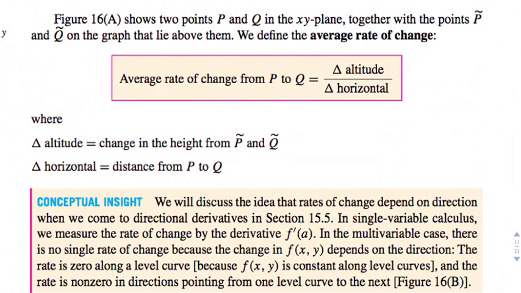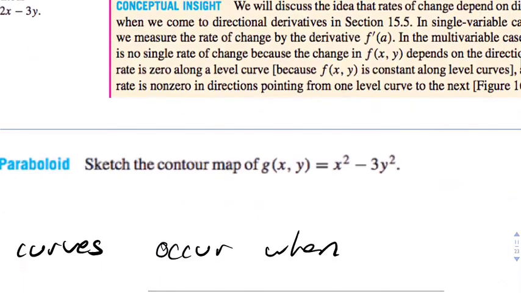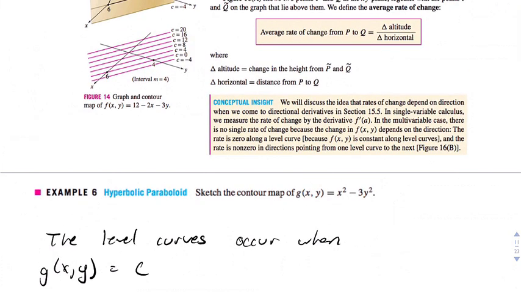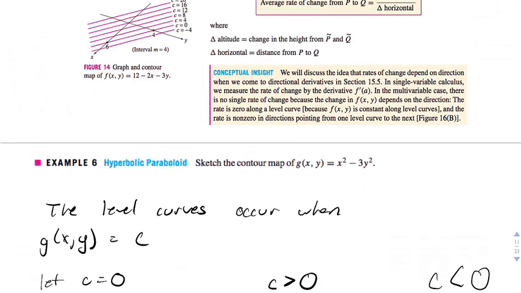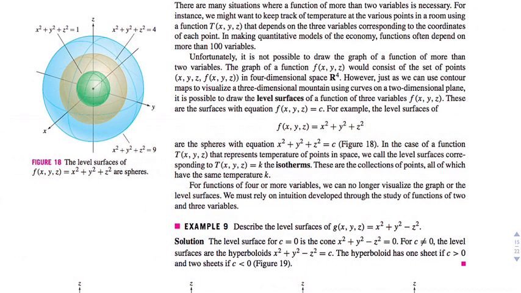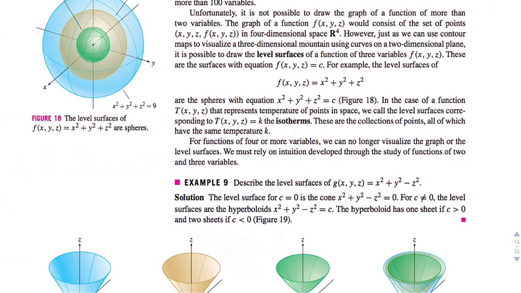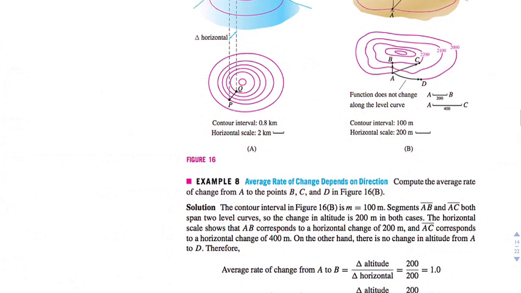Now what is P tilde? If we look above, it says figure 16A shows two points P and Q. So where's 16A? Oh, it's not here. We need to pull up the next part. Figure 18. Did I miss a page? Here it is.